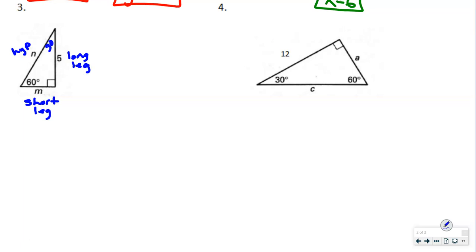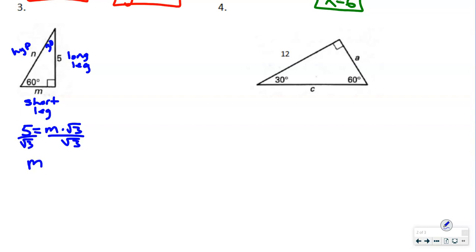Remember your formulas. We'll want to solve for the short leg first, since we need to know what the short leg is to find our hypotenuse. But to find our short leg, we can use the long leg. So our long leg is 5, plugging that into our formula, so we would have 5 equals m times the square root of 3. So I can just divide both sides by the square root of 3.